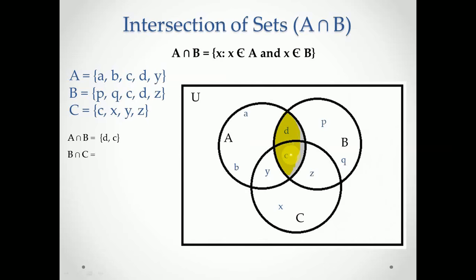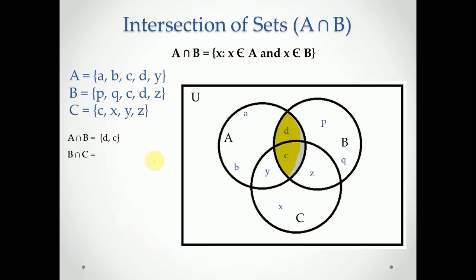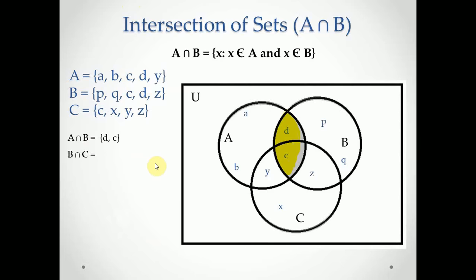Now similarly we'll find B intersection C. The elements which are common in B and C are C and Z. Okay, so we'll write in the roster form as, we'll highlight this portion as gray.